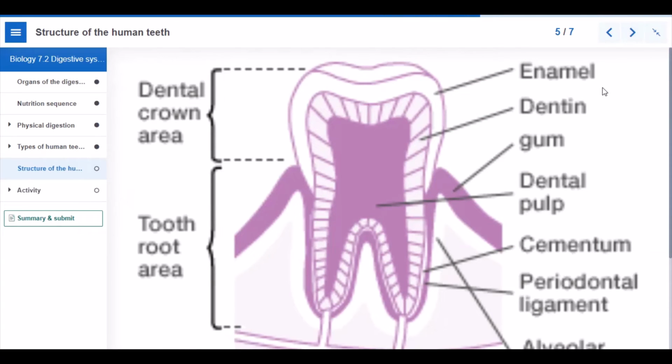So we have the structure of the human tooth. We have the dental crown area and the tooth root area. The parts are labeled as the enamel, dentine, gum, dental pulp, and then we have the cementum.